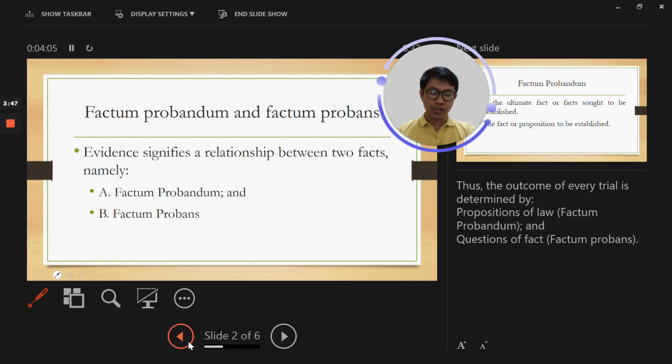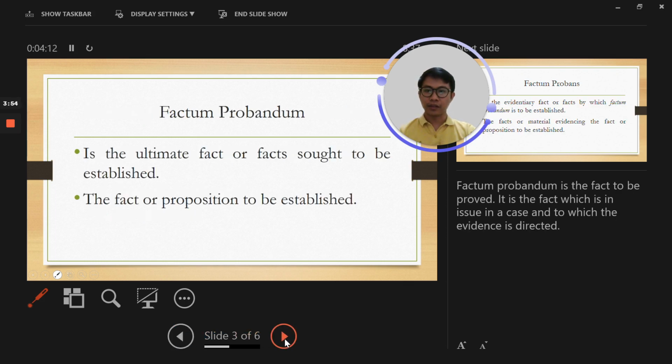Okay, so for the definition, factum probandum is the ultimate fact or facts sought to be established. Also, we define factum probandum as the fact or proposition to be established. Factum probandum is the fact to be proved in a certain case. It is a fact which is in issue in a case and to which the evidence is directed.